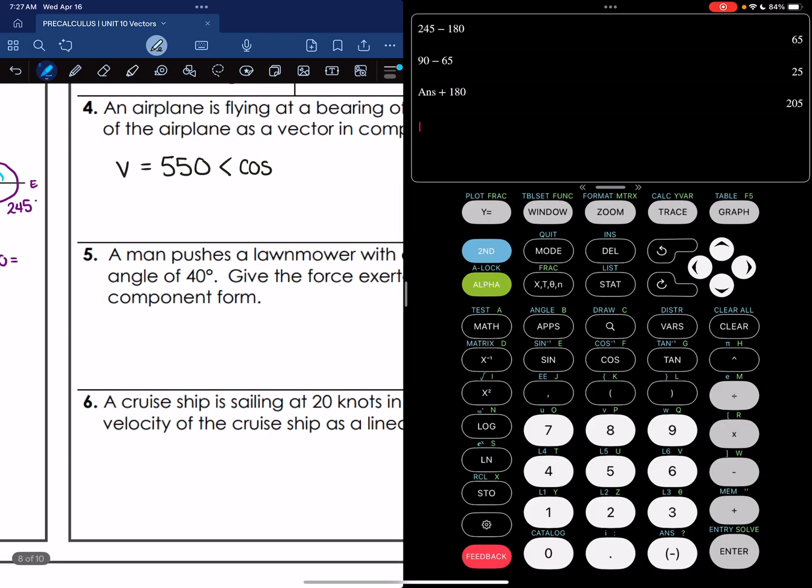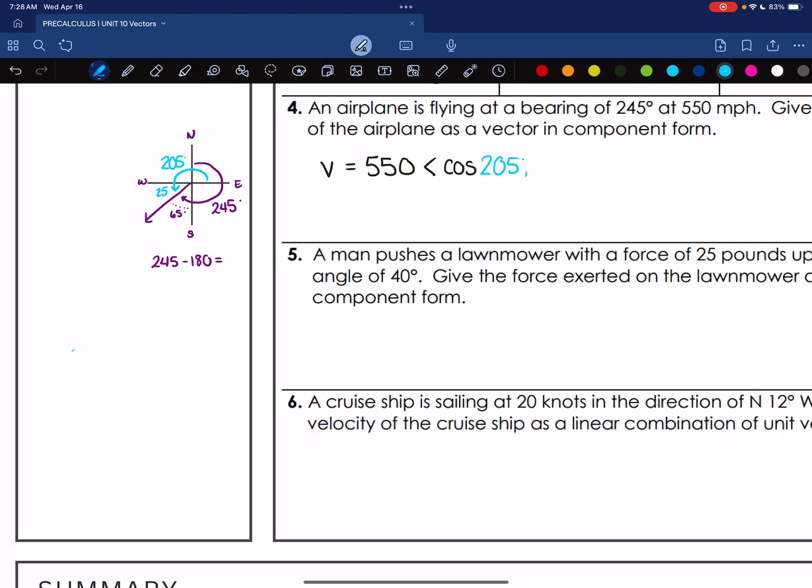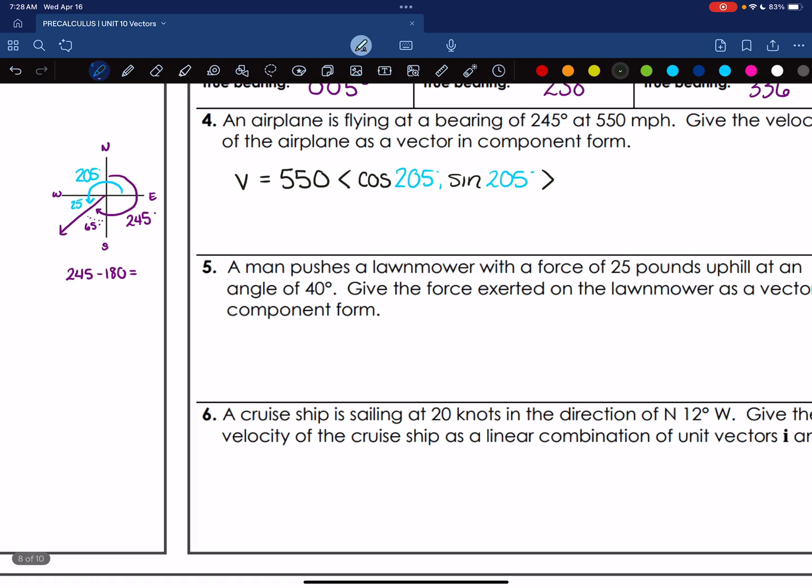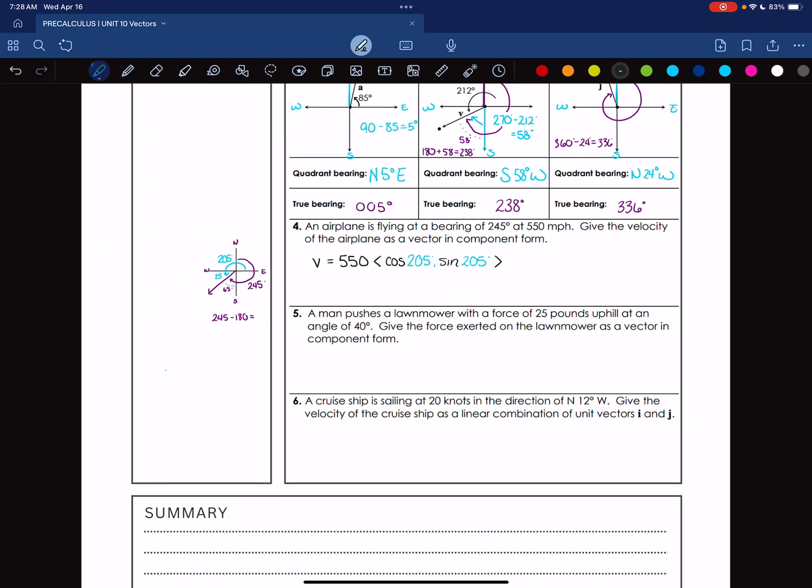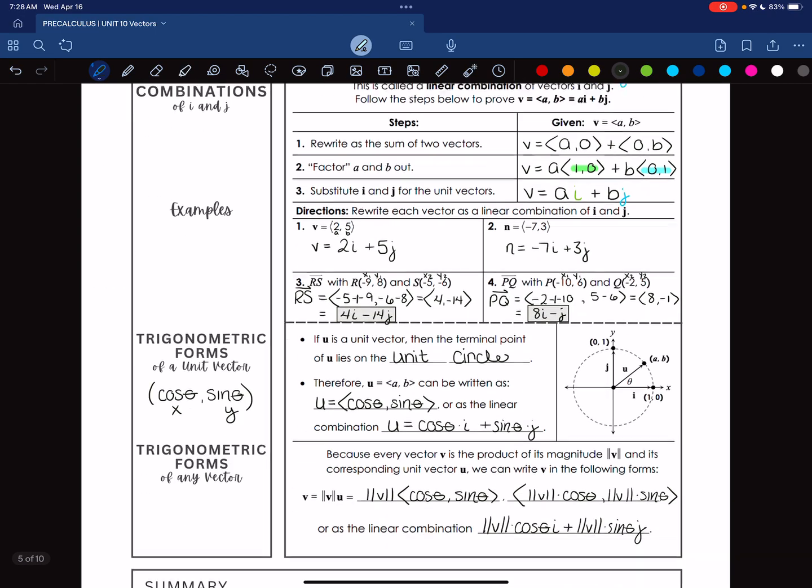So we have cosine of 205 degrees and sine of 205 degrees. Now again, why is it that I'm writing it like this, taking my miles per hour and multiplying it with sine and cosine? Well, think back with me like we did previously.